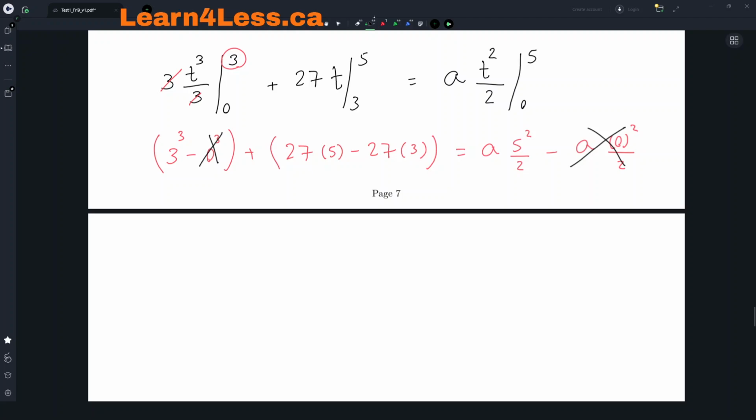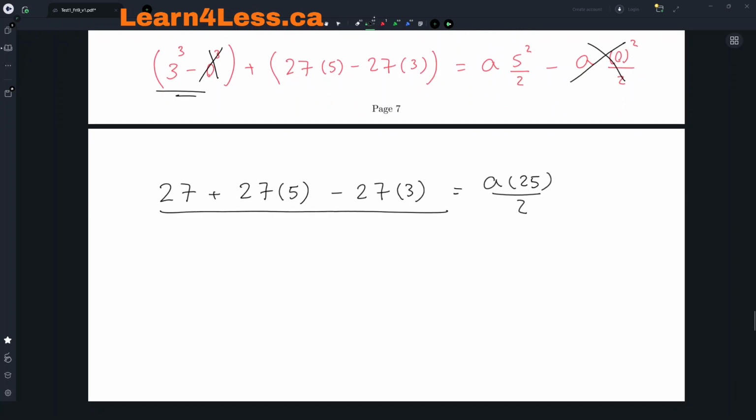This part is 0, this part is 0, so we don't need to care about them. So what we get here is 27 plus this part, which is 27 times 5. I just write it for now as this, minus 27 times 3. And it is equal to 5 squared, which is 25, a times 25 over 2. Here, to do it simpler, I factor out 27.